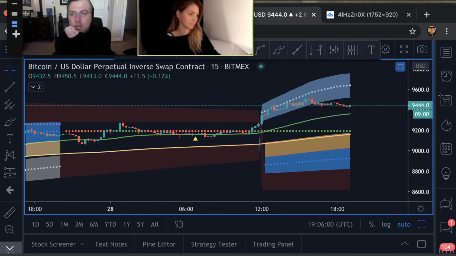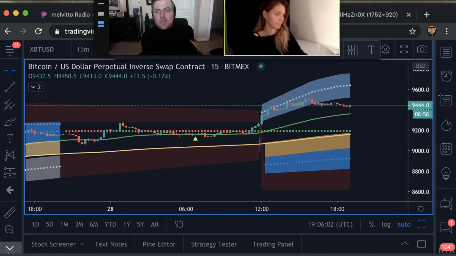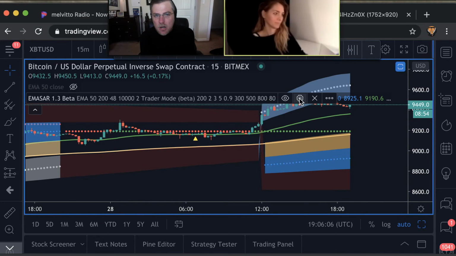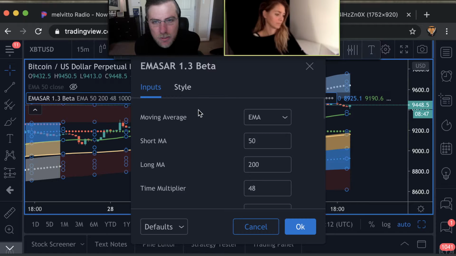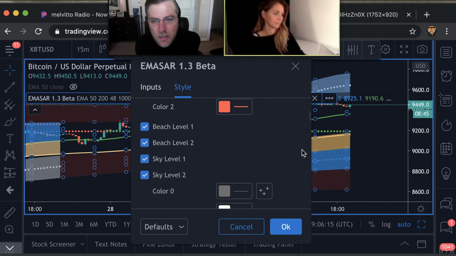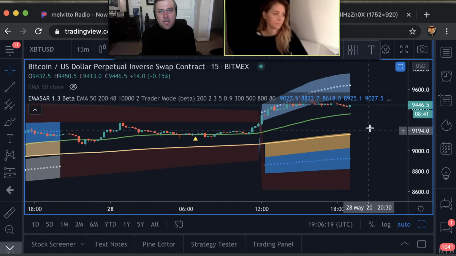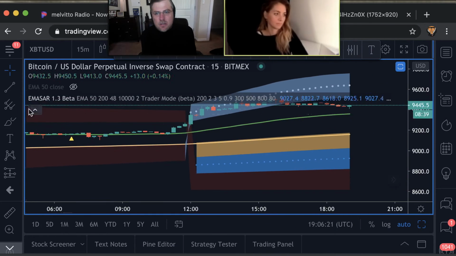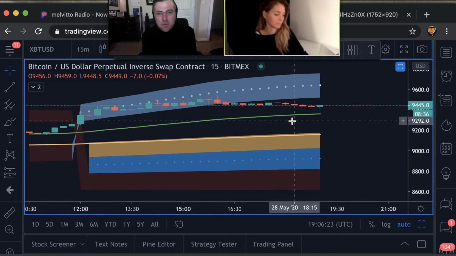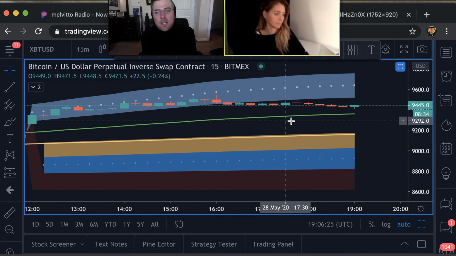Okay, so first thing I want to do is just go over why I think the two are good comparisons to EMASAR. So I'm going to make it just a little bit more simple by removing the markers. And now what we have is something that really does have some similar properties to the Bollinger Band.